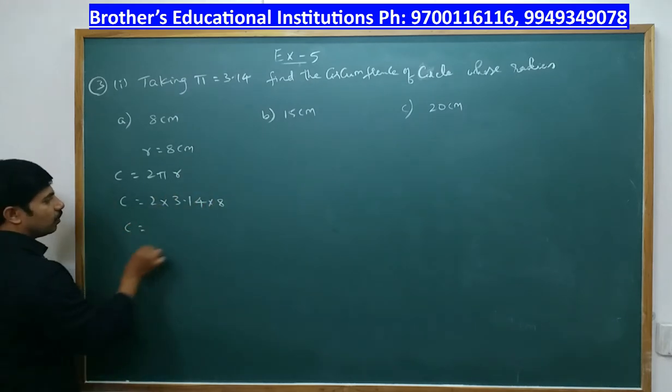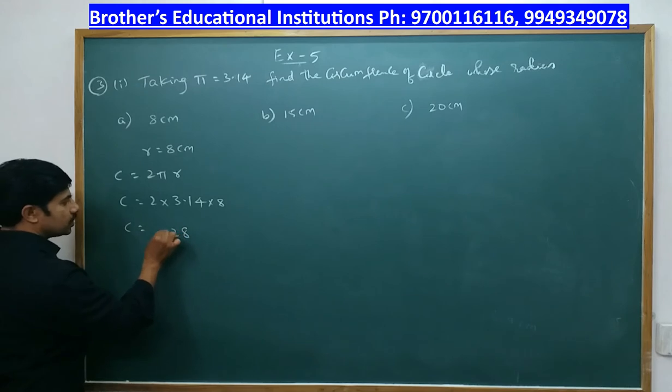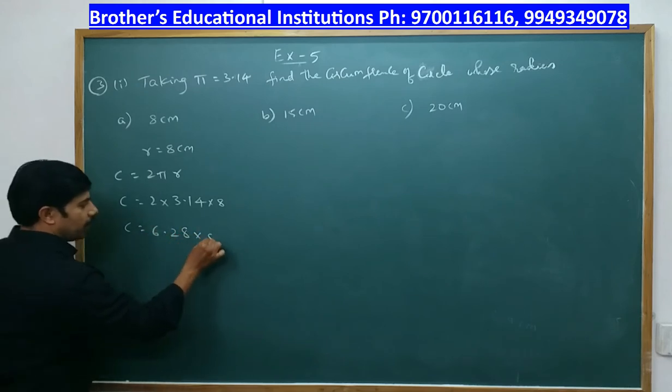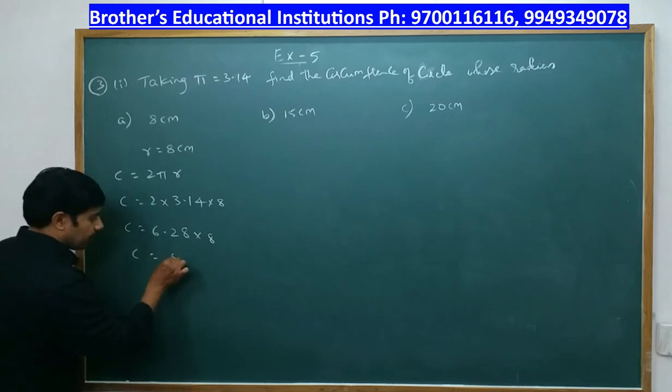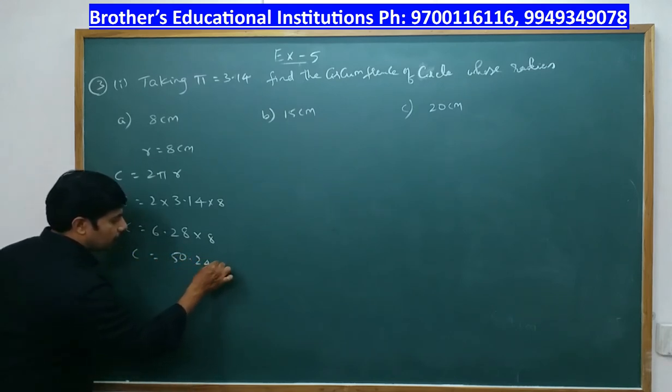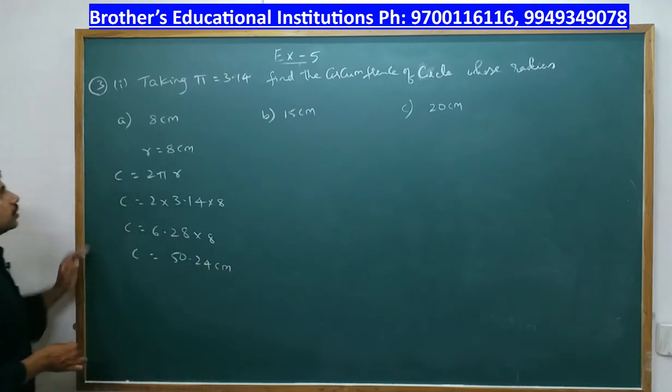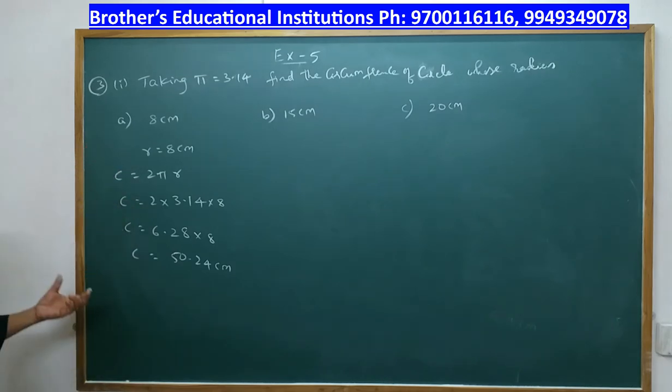So C is equal to 2 4s are 8, 2 1s are 2, 2 3s are 6, 6.28 into 8, that comes to 50.24. It is 50.24 centimeters. So this is the circumference of a circle when radius is 8.